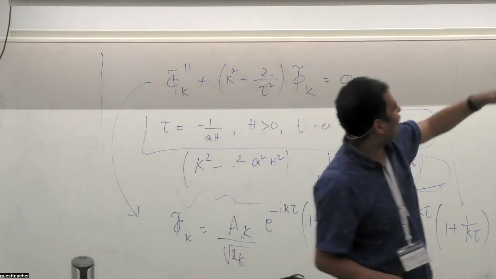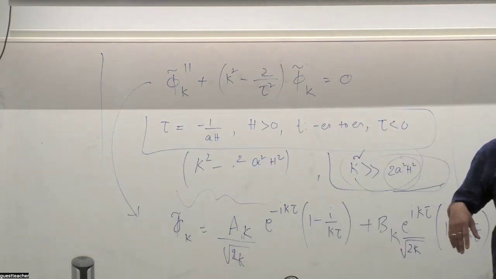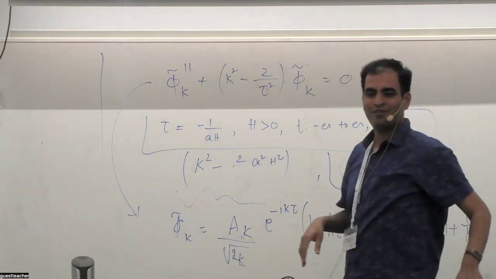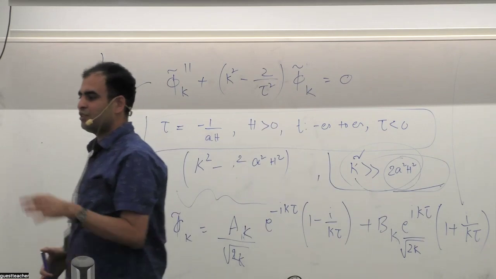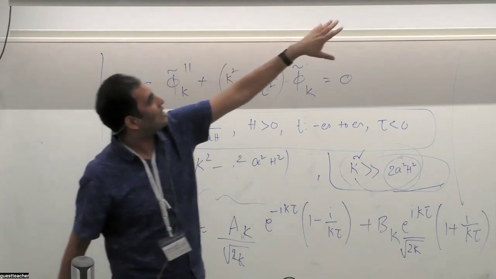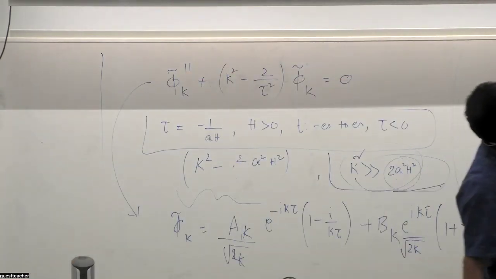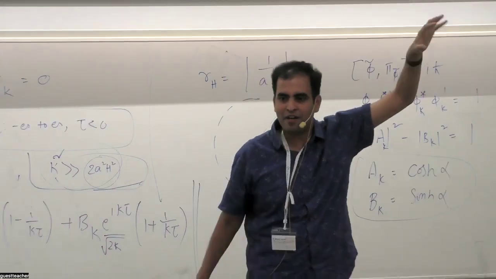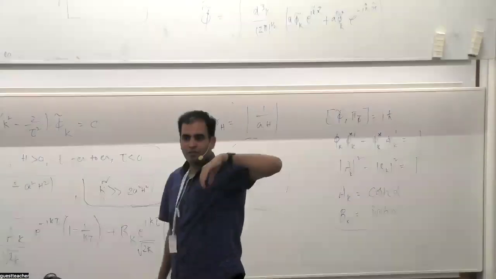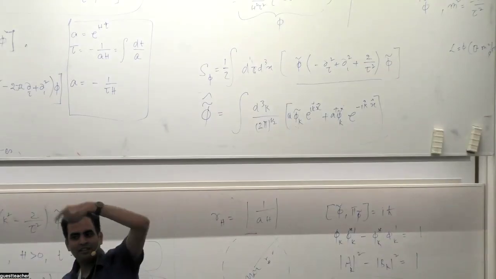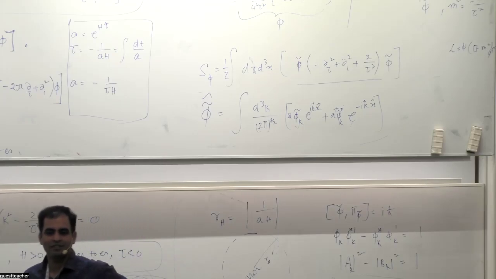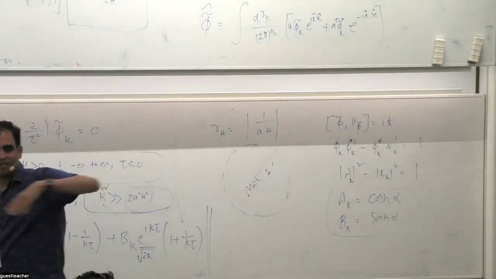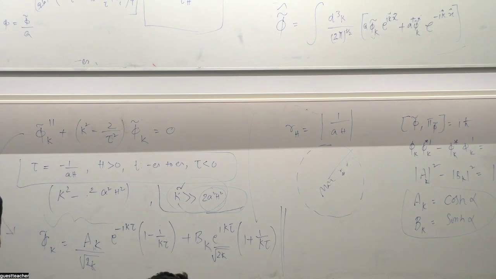In the phi tilde language, the time-dependent mass term is negligible. This phi tilde has a kinetic term and a time-dependent mass which is negative. Think of it like a harmonic oscillator which has huge damping. It damps continuously.